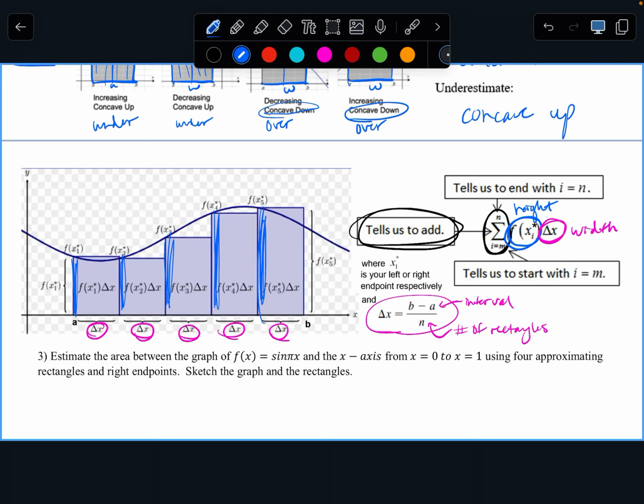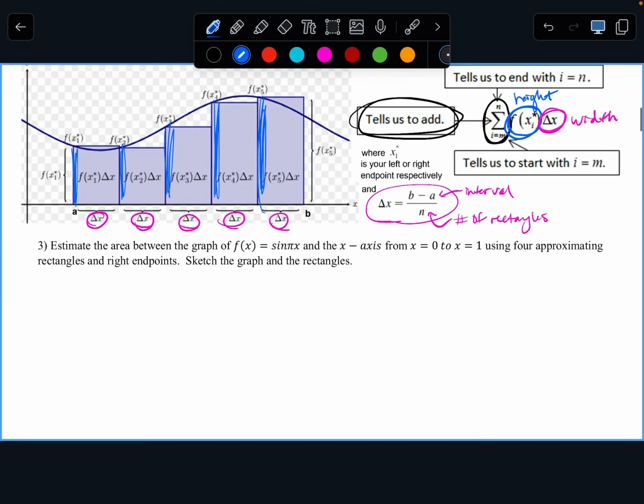Okay, so let's put it in practice. Estimate the area between the graph of f of x and the x-axis from 0 to 1 using 4 approximating rectangles and right endpoints. Sketch the graph and its rectangles. If you want to draw it, that's fine.